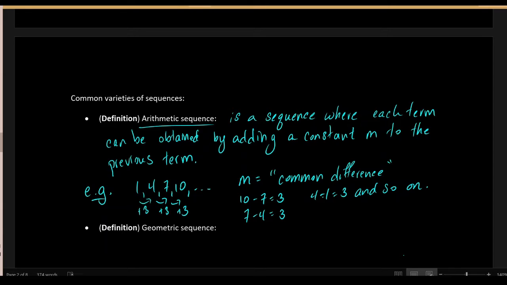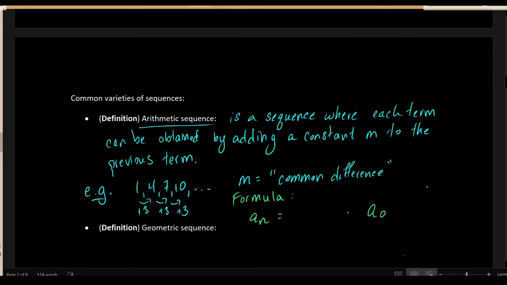So if we want to find a formula for the terms in an arithmetic sequence, we can use a formula a lot like what we had when we studied linear equations back in algebra. We can use the formula that if you want the term a sub n in the sequence, all you have to do is start by taking a sub 0 and then adding on n copies of the slope.